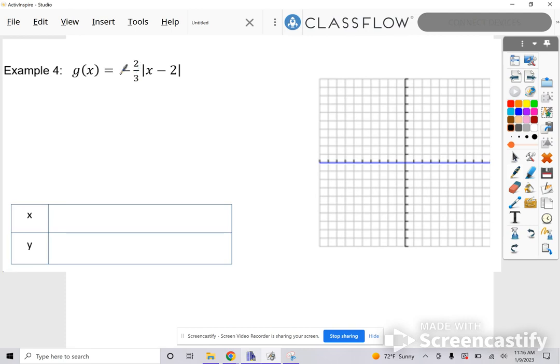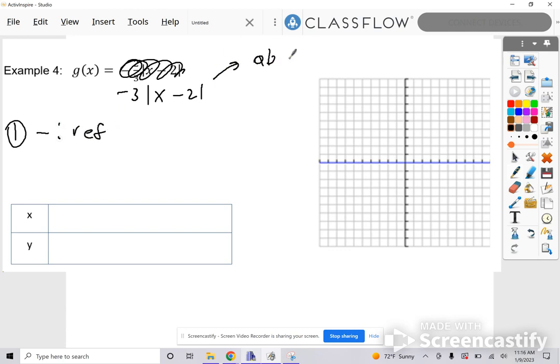Okay, last one. I want to change this one a little bit to -3 absolute value of x minus 2. So same idea. We're going to start with that negative first. Negative tells me a reflection. Oh, sorry, I should have identified first.